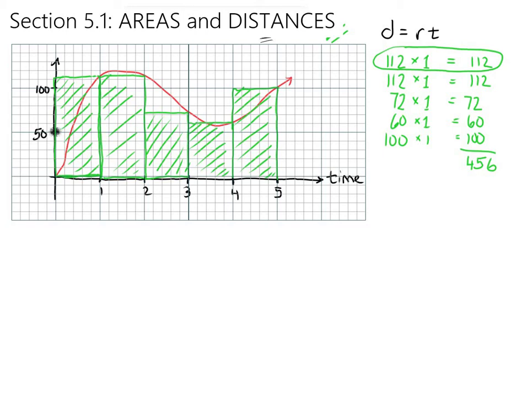This is a very rough estimate because you'll notice that there's places where the triangle has a huge amount of overage, like right here during the first hour, like all this, all that is wrong, right? That's too much. And there's places where the triangle's not big enough, like this is an underage, if that's a word.